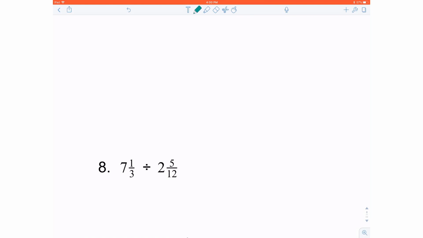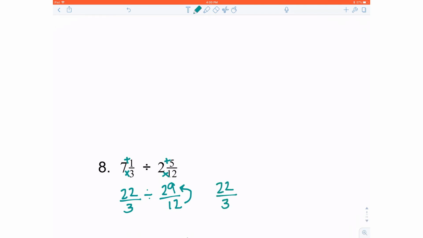So, remember, we turn them into improper fractions, which means we multiply and we add. So 3 times 7 is 21, plus 1 is 22, and this is over 3. 12 times 2 is 24, plus 5 is 29, and that's 29 over 12. And we're dividing these, which means we're going to take the second one and flip it to multiply.